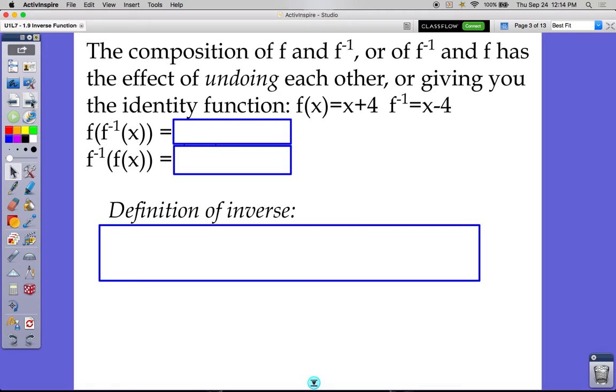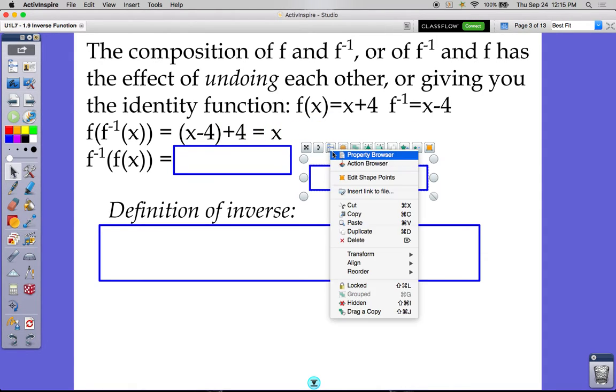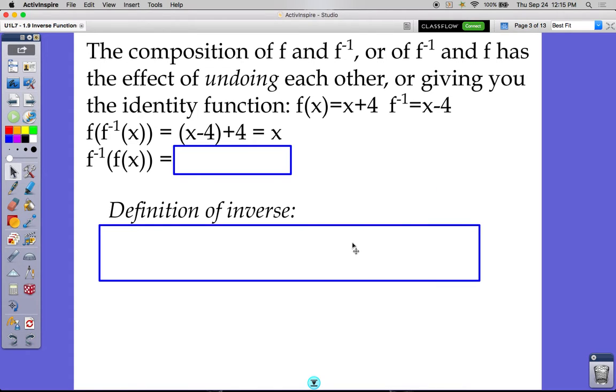And so when I do the composition of f of f inverse of x, I'm going to plug in the inverse every time I saw an x in the f of x equation, and then I add 4. Well, plus 4 minus 4 cancels, gives me x, like we said, the identity function.